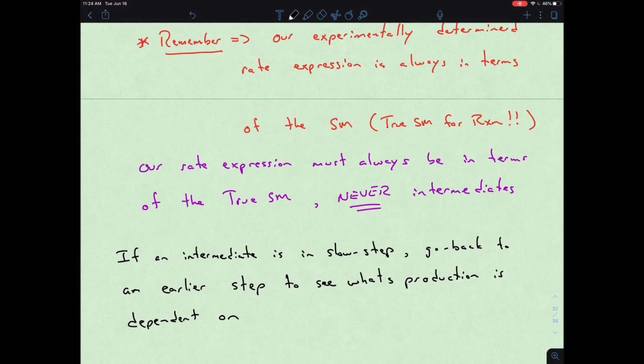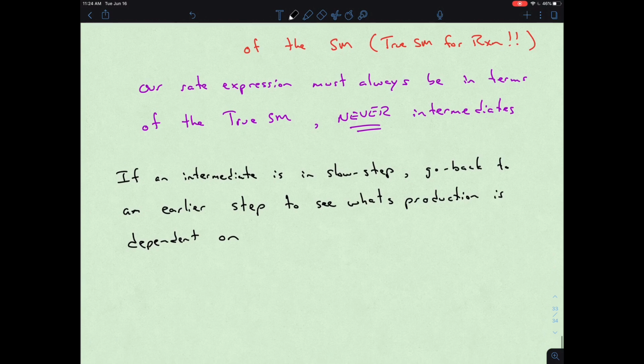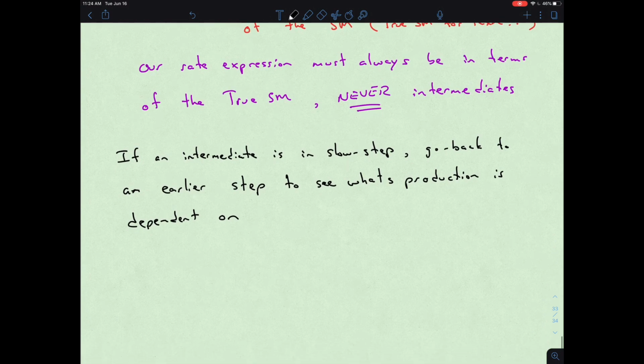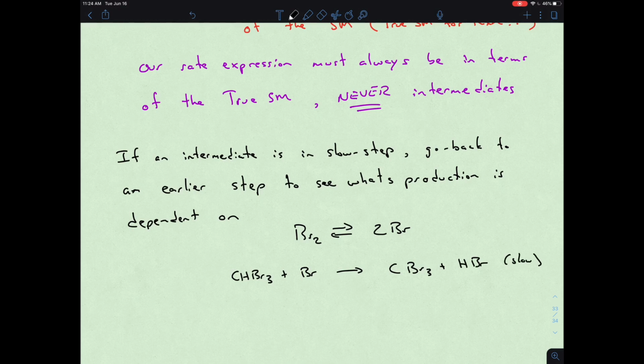So if we just look at that mechanism again, I'll redo it here instead of scrolling back. So here, in terms of where we're at right now, here's our intermediate.